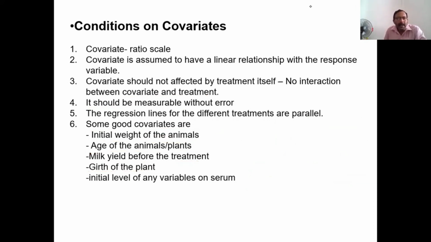This is mostly biased towards animals, but we can take examples from the field also, like nitrogen level or fertility level in the field. Fertility level in the field is not the same, it is different. Or the amount of organic matter in the flat land, in the topsoil, everywhere is different.